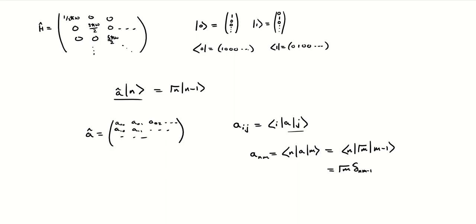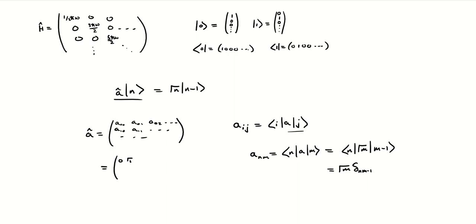So basically we take the mth column and the m minus 1 row and put the square root of m in there. So in the matrix representation, the 0, 0 element is 0, and the 0, 1 element is root 1.